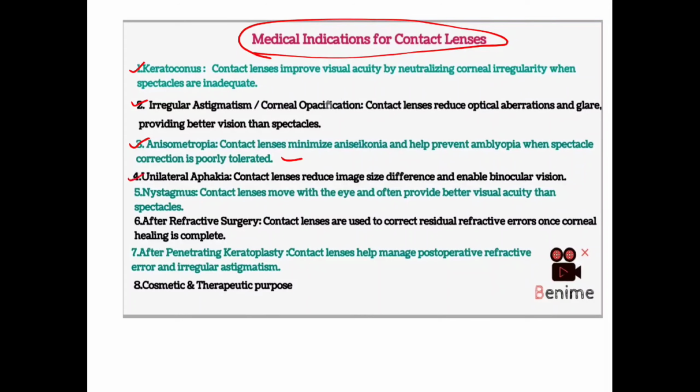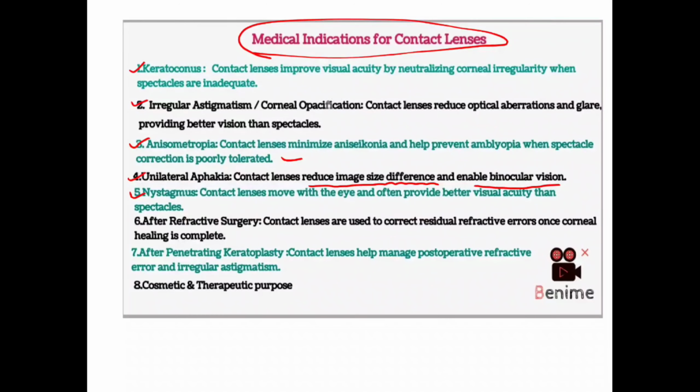Fourth is unilateral aphakia. If you prescribe contact lenses to a unilateral aphakic patient, contact lenses reduce the image size difference and enable binocular vision. Fifth is nystagmus. We can prescribe contact lenses in nystagmus also.